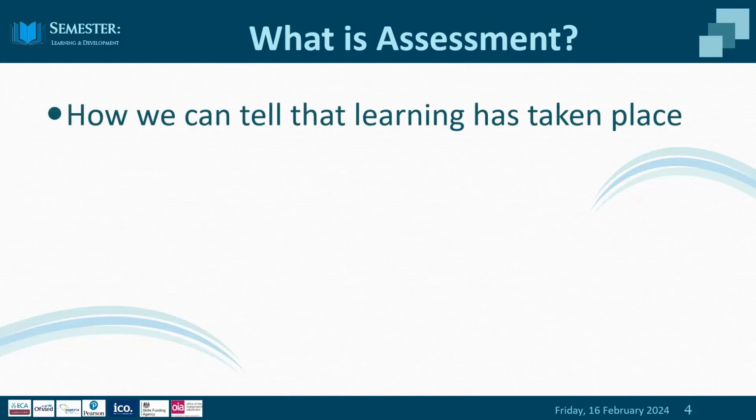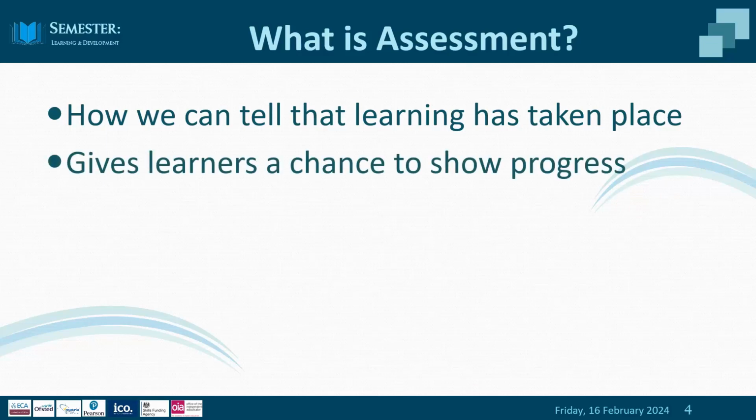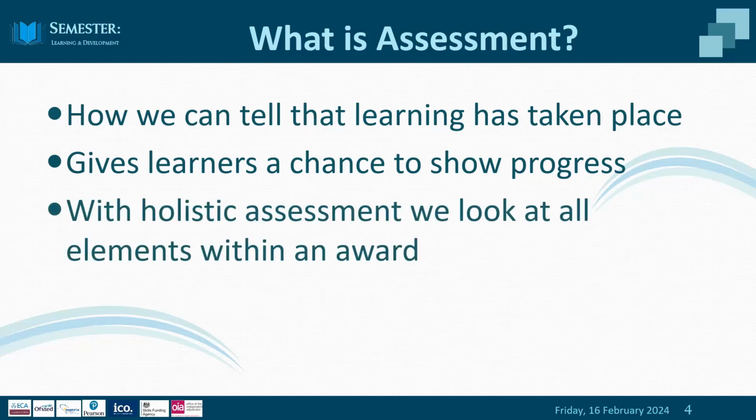Assessment is a way of finding out if learning has taken place. It enables you to ascertain if your learner has gained the required skills, knowledge, understanding, and/or attitudes and behaviours needed at a given point in time towards their learning programme. Assessment also provides your learners with an opportunity to demonstrate what progress they have made and what they have learned so far.